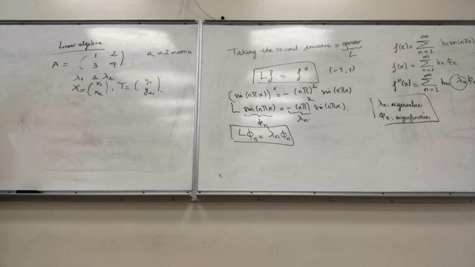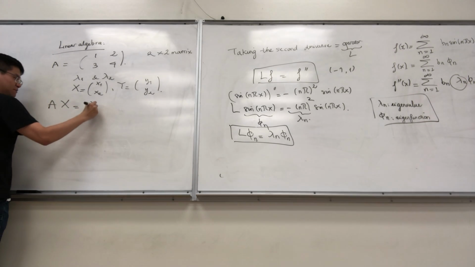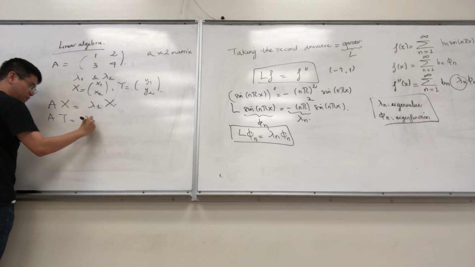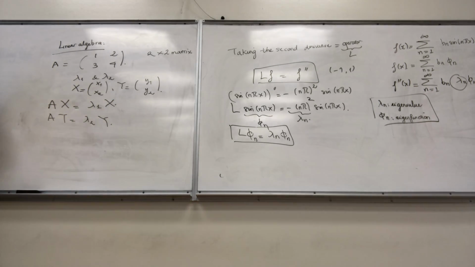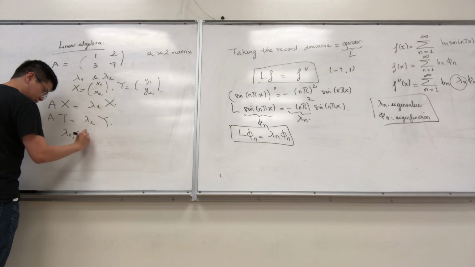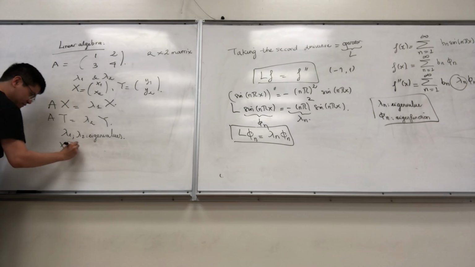Such that A of x is lambda 1 x and A of y is lambda 2 y, right? And lambda 1 and lambda 2 are called eigenvalues, and x, y are eigenvectors.